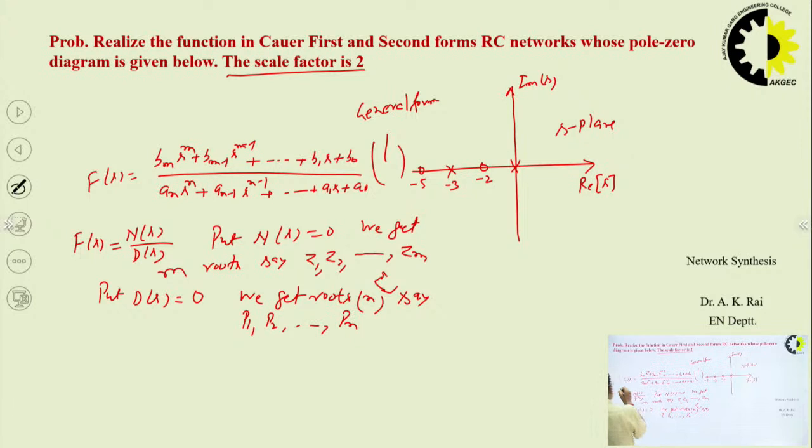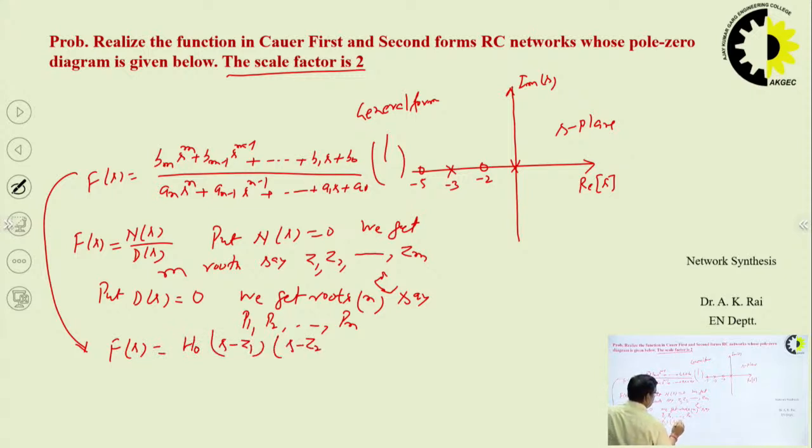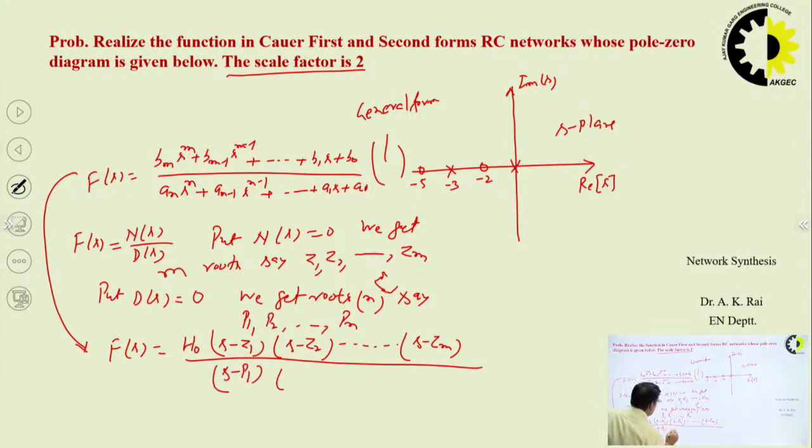So, the above function can be written as H0 times (S minus Z1)(S minus Z2) up to (S minus Zm), divided by (S minus P1)(S minus P2) up to (S minus Pn).